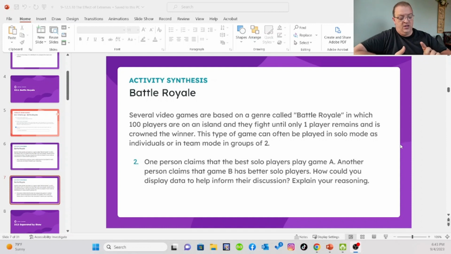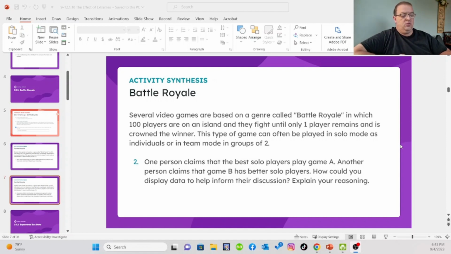We've talked about measures of center, whether that's mean or median, and we've talked about measures of variability, whether that is interquartile range or mean absolute deviation. Depending on which statistic you wanted to use, you could create some type of visual display, whether that be a dot plot, a histogram, or a box plot.